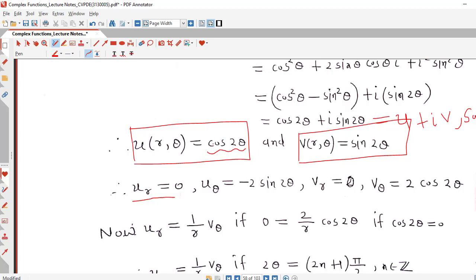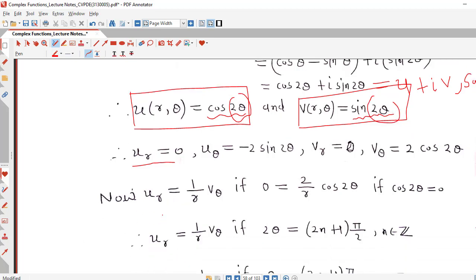Del u by del theta is derivative of cos 2 theta, which is minus sin 2 theta into derivative of 2 theta, which is 2. So del u by del theta is minus 2 sin 2 theta. Here also there is no term which contains small r, so del v by del r is 0, and del v by del theta is derivative of sin 2 theta, which is cos 2 theta, and derivative of 2 theta is 2.